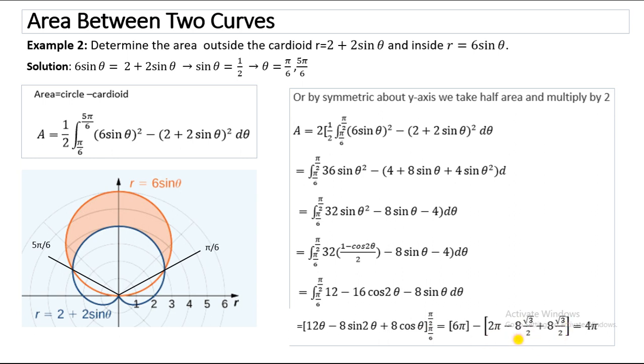The results cancel, so I have 6 pi minus 2 pi, which is 4 pi. This area is 4 pi.